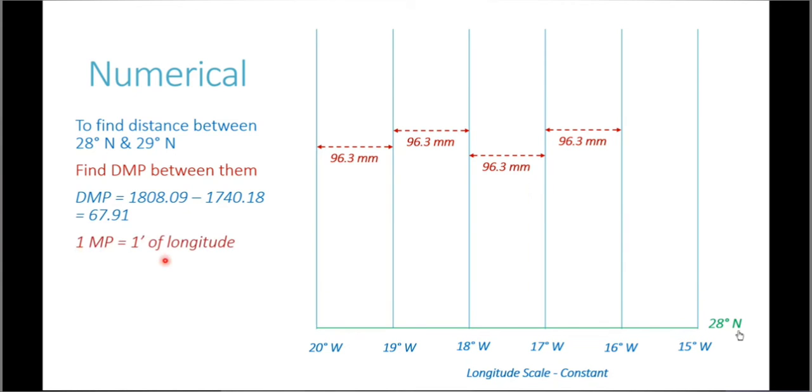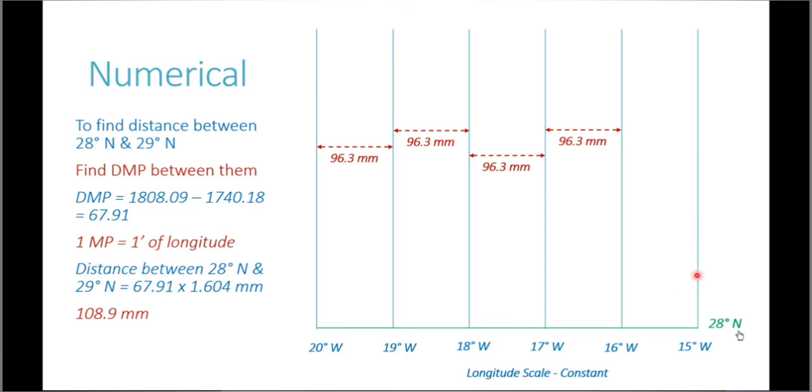So one meridional part is equal to 1 minute of longitude. So distance between 28 and 29 is equal to 67.91 minutes of longitude. And we had already calculated 1 minute of longitude in this particular diagram is 1.604 millimeters. So we multiply both of them to find out the distance, and the distance comes out to be 108.9 millimeter, or in other words 10.89 centimeters.